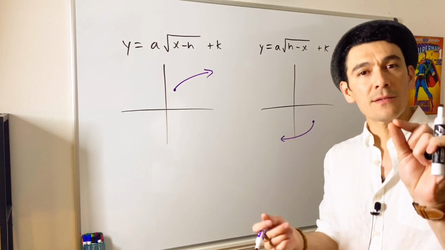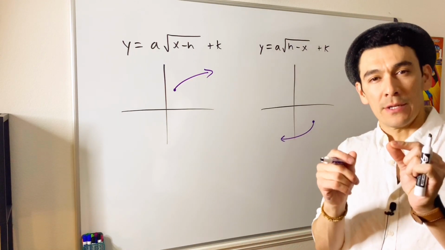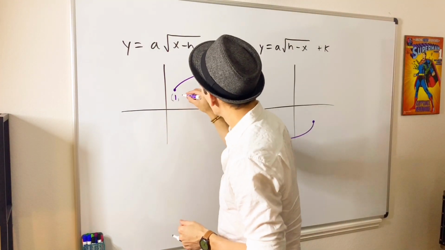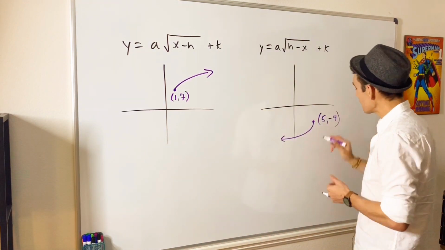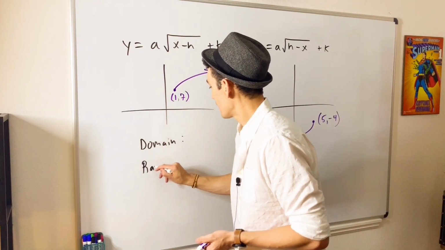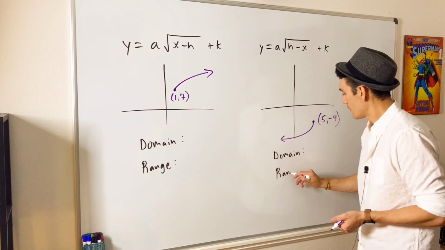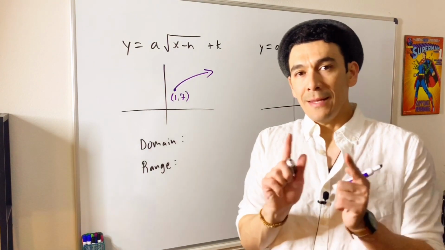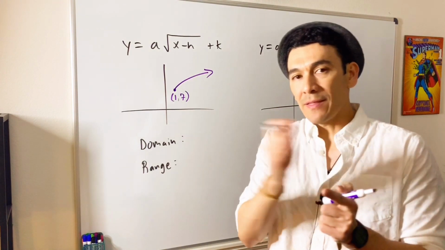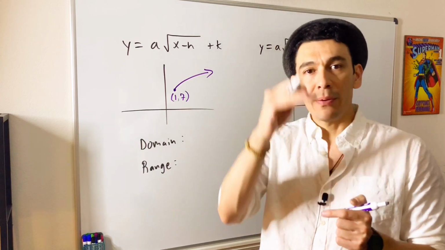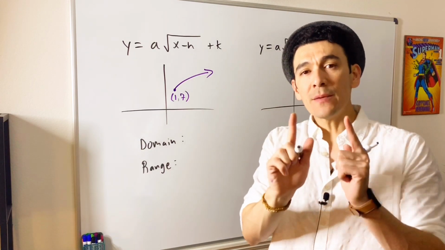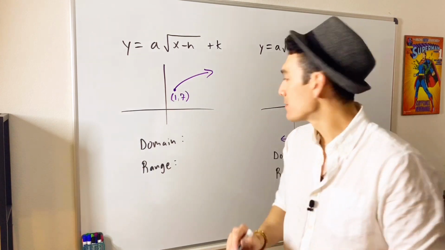Now let's discuss the domain and range, and let me make up some coordinates. So neither of these graphs goes both left and right forever, or up and down forever. So let's approach domain and range in this fashion.